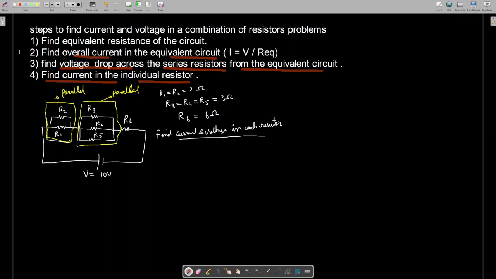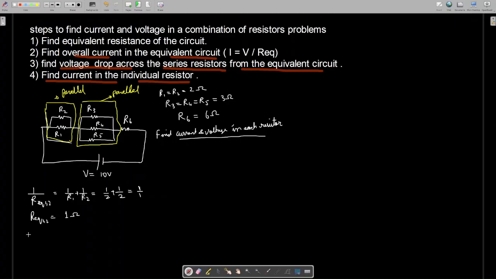So we have the equivalent resistor of 1 and 2 is equal to 1 by R1 plus 1 by R2. R1 and R2 is 2 ohm. So if you substitute the value, it will become 1 by 1. So R equivalent of 1 and 2 is 1 ohm.